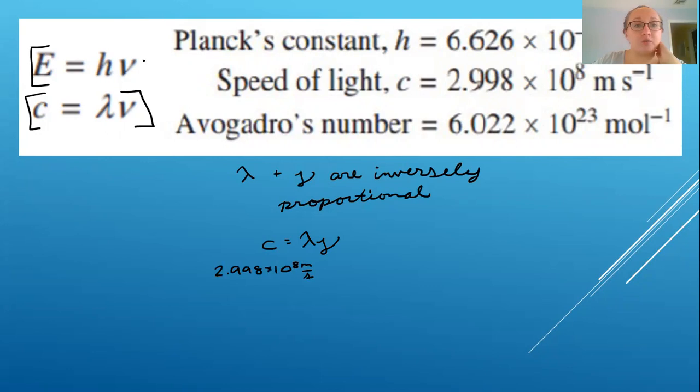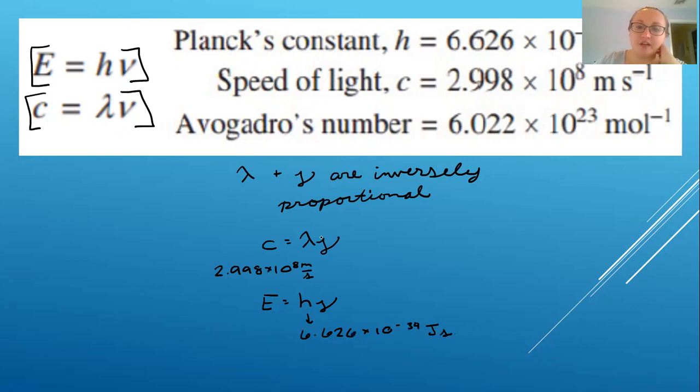We can also relate our frequency and energy using the equation energy is equal to h nu, where H is Planck's constant, 6.626 times 10 to the negative 34th joule seconds.